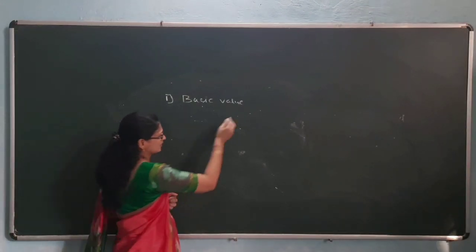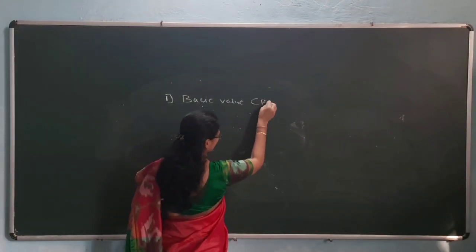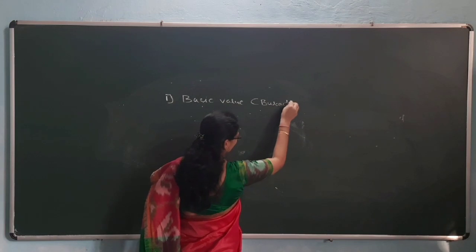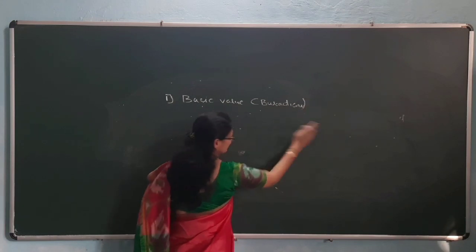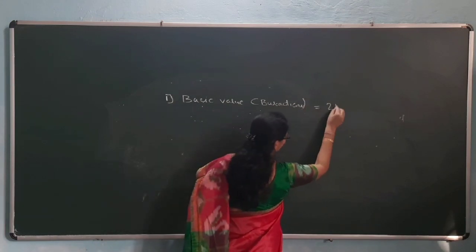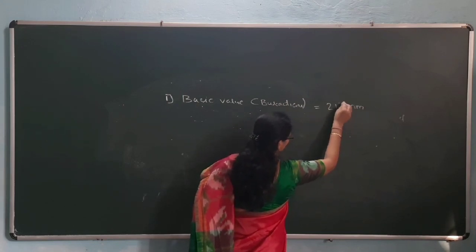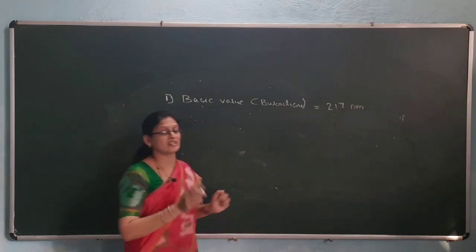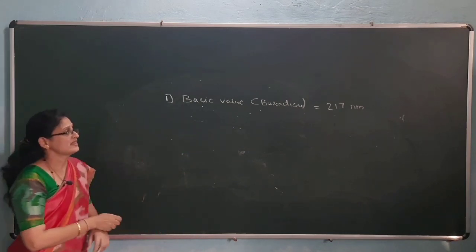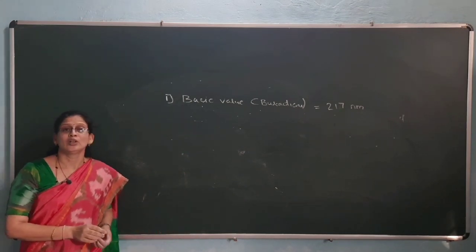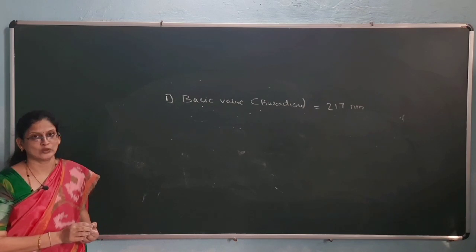The basic value, the parent, is butadiene, and the value is 217 nanometer.